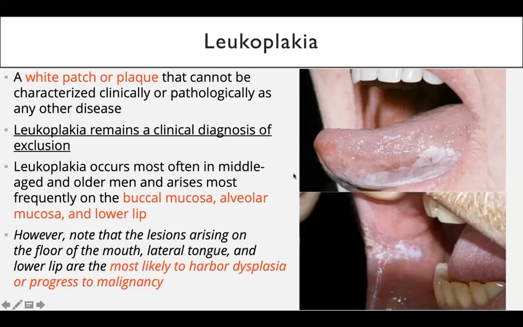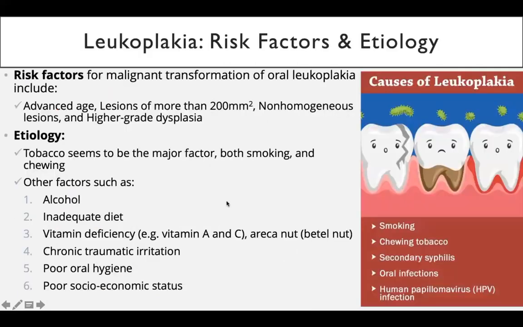Perfect. So what are the risk factors and etiology of leukoplakia? The whitish plaque. Risk factors for malignant transformation of oral leukoplakia include: so what are the risk factors when this oral leukoplakia will change into malignant tissue? Advanced age, lesions of more than 200 millimeters square, bigger lesions, huge, non-homogeneous lesions, irregular, and higher grade dysplasia.